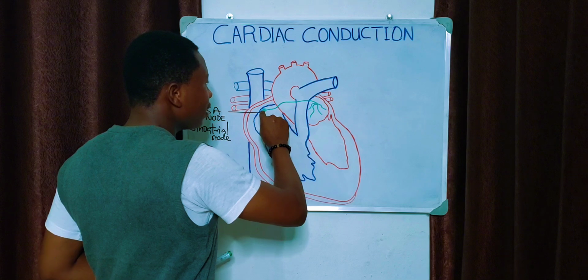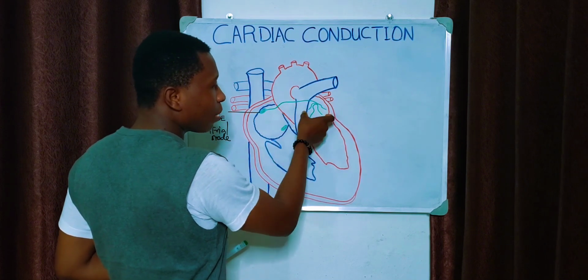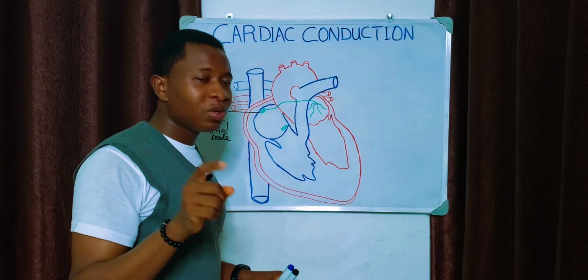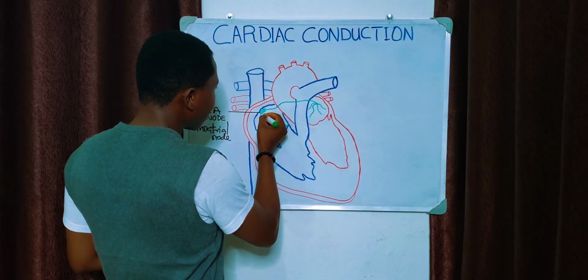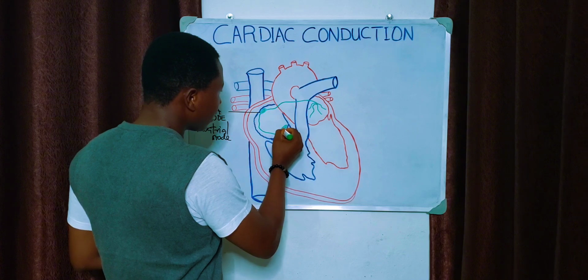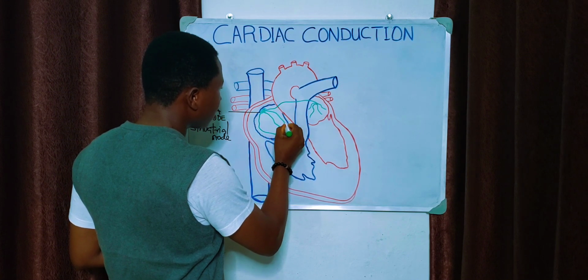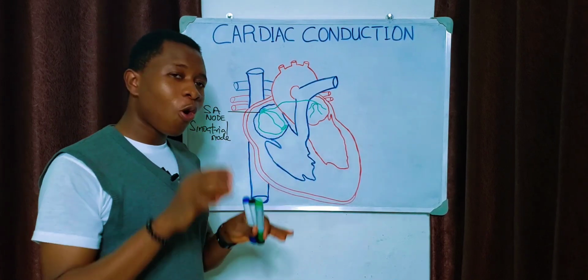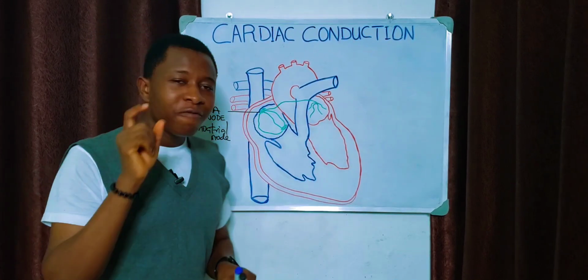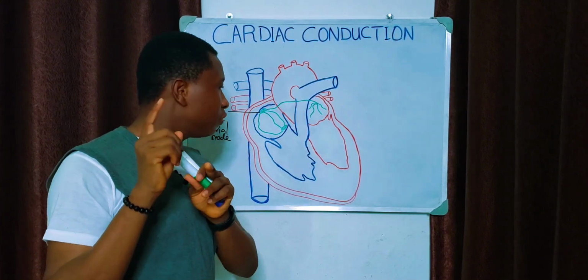When it goes out like this and spreads towards the other parts of the atrium, it's known as intranodal. Now, there are others that spread to touch this second point. This second point is called the AV node, which is also known as the atrioventricular node.